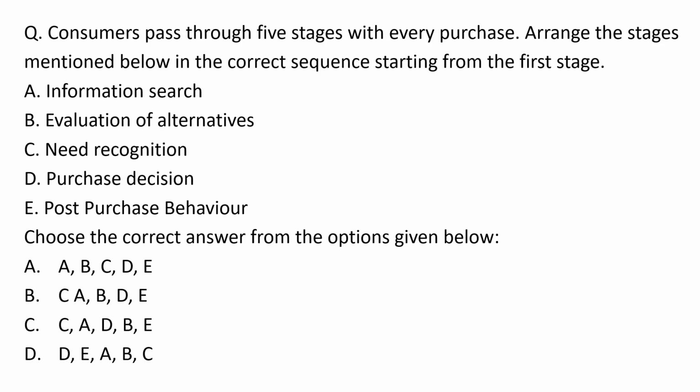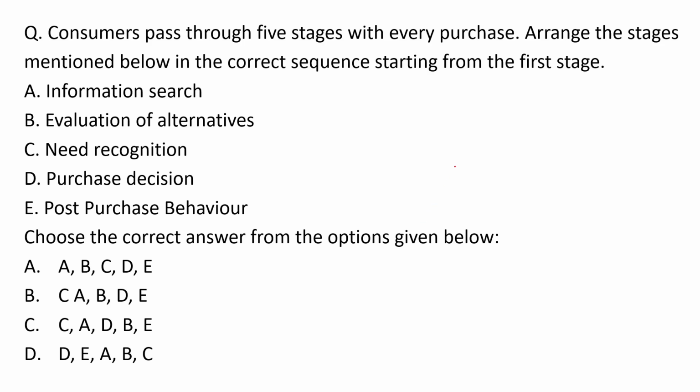The consumer passes through 5 stages with every purchase. Arrange the following stages in the correct sequence starting from the first stage. Here from the beginning you have to arrange the consumer decision making process in the correct order. You are given the options: information search, evaluation of alternatives, need recognition, purchase decision and post purchase behavior. The codes are given below, so check the codes and answer accordingly.